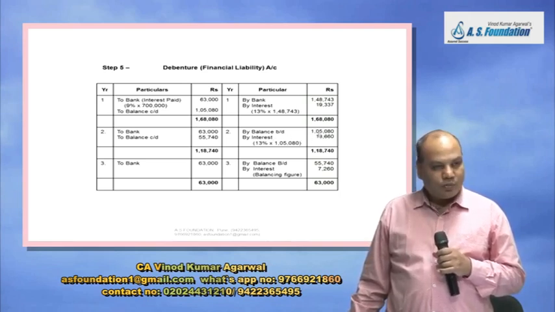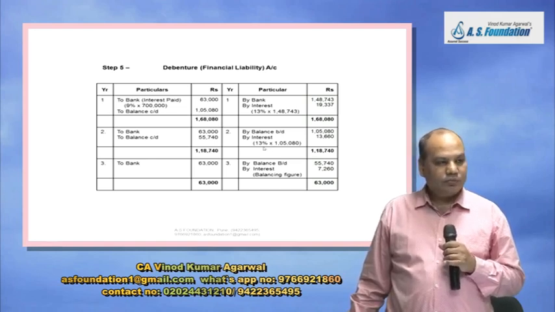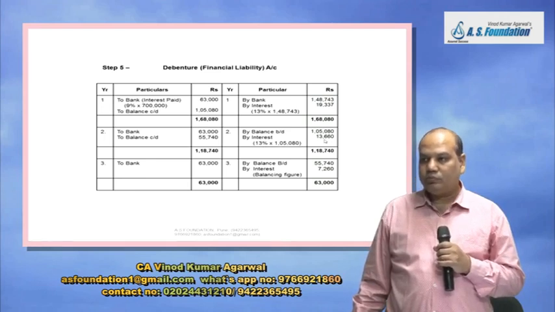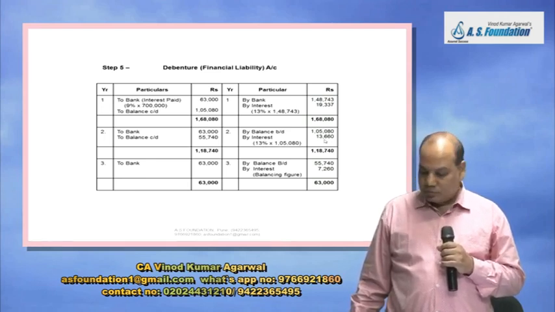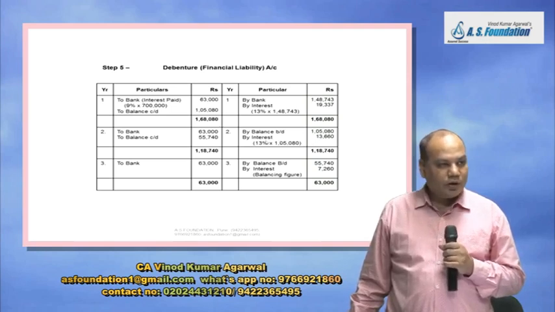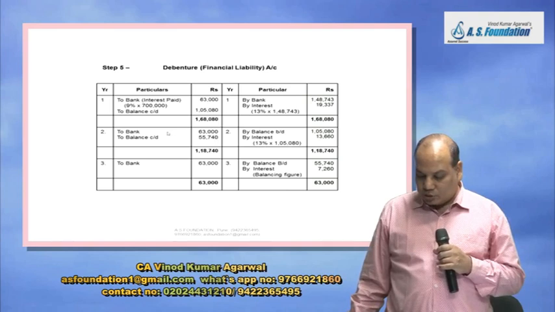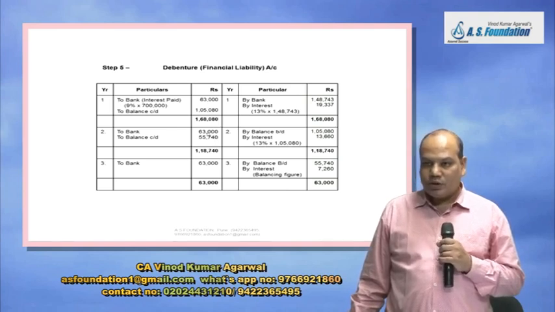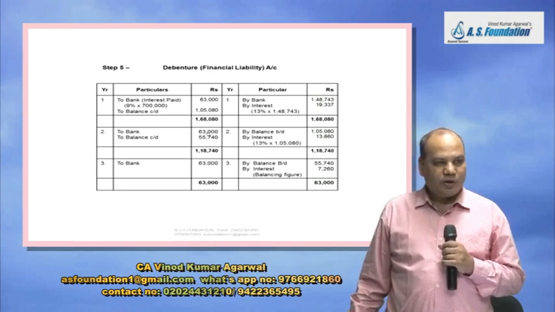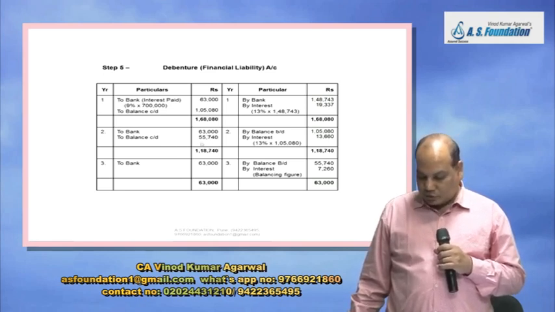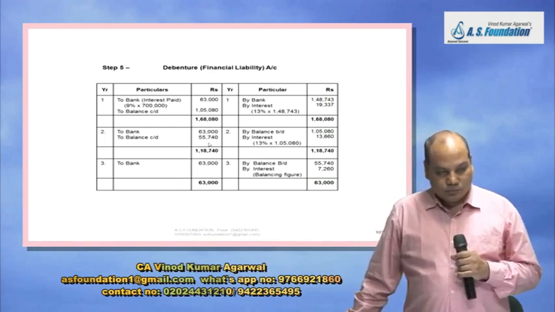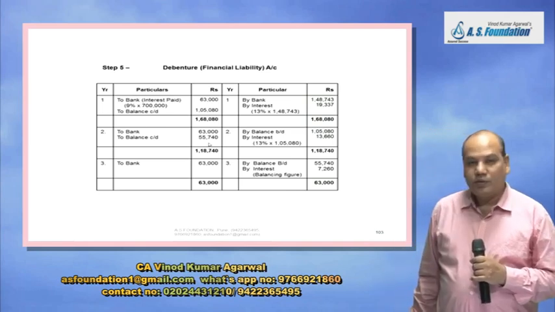By interest on opening balance at 13%, 13660. This interest will be transferred to profit and loss. And then to bank 63,000. That is the coupon payment. To balance carried down. Check the answer, 55,740.